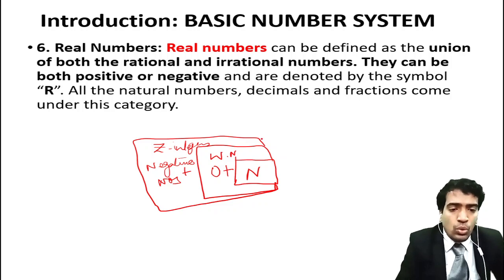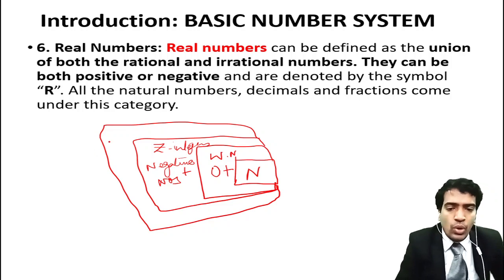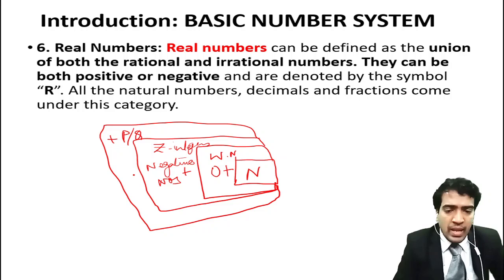To this, if you add the rational numbers, those numbers that can be represented in the form of p by q, then this will be rational numbers.